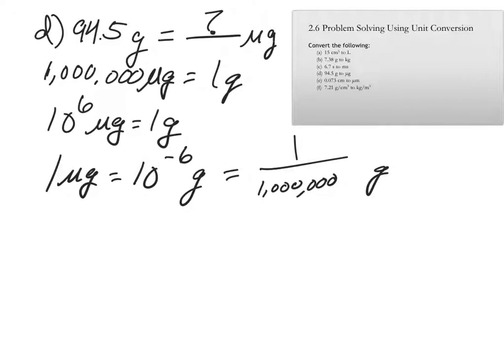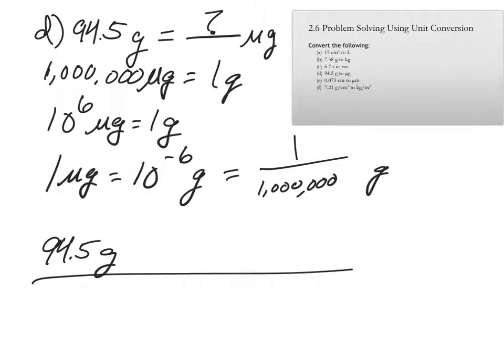Use whatever works for you ultimately, but you have 94.5 grams, what we're starting with. It's only a one-step process. So we want to get rid of grams when we want micrograms up here. And you can basically just choose any of them. What I would choose is I don't want to use fractions.